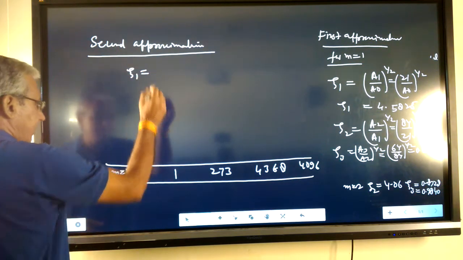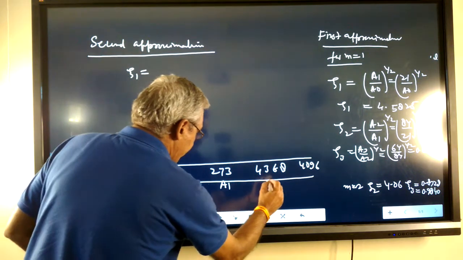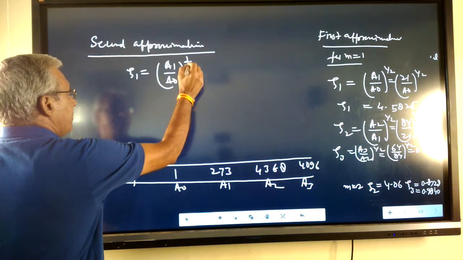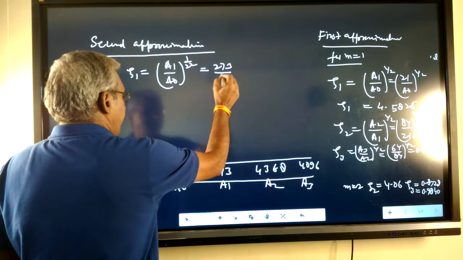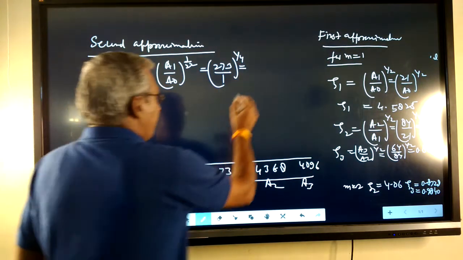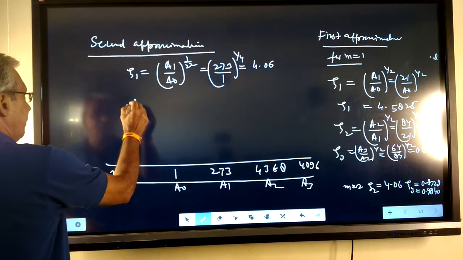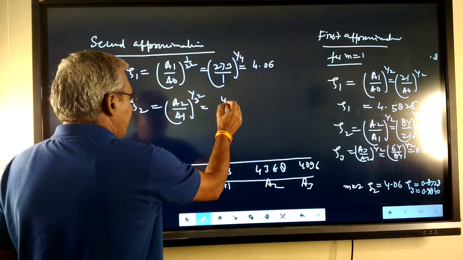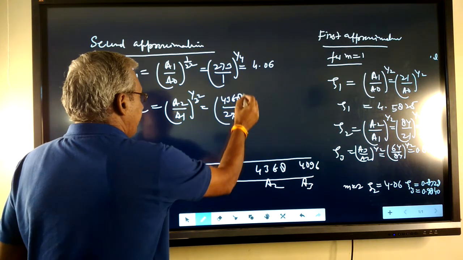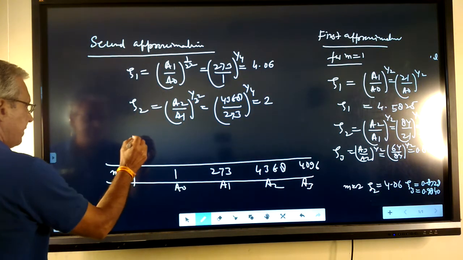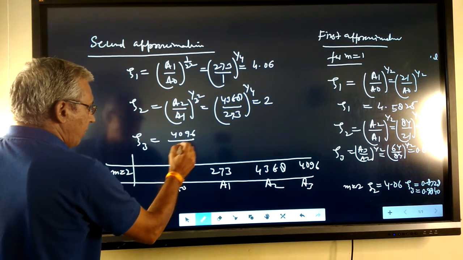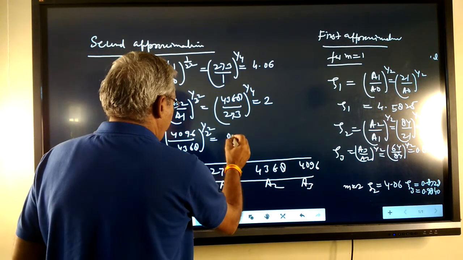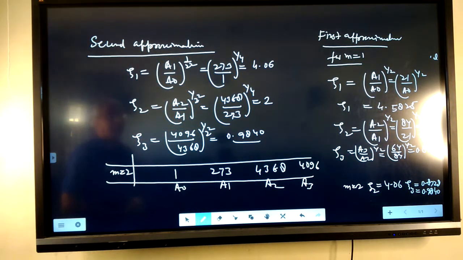Here xi1 at the second approximation is A1 upon A0 to the power 1 by 4, which is 273 upon 1 to the power 1 by 4, which is 4.06. xi2 is A2 upon A1 to the power 1 by 4, which is 4368 upon 273 to the power 1 by 4, which is 2. xi3 is 4096 upon 4368 to the power 1 by 4, which is 0.9840.